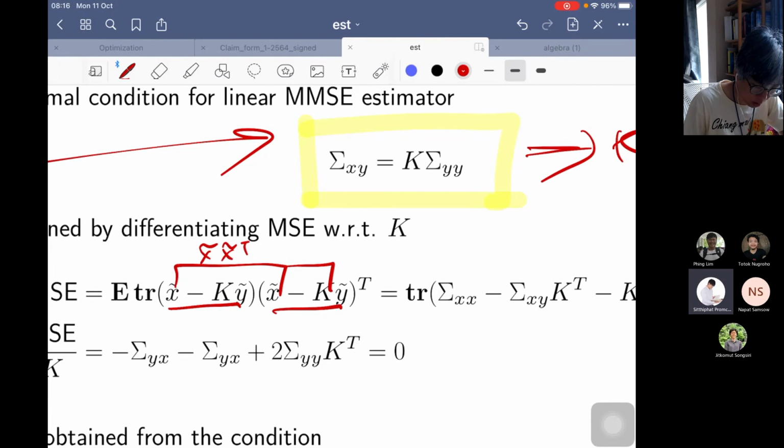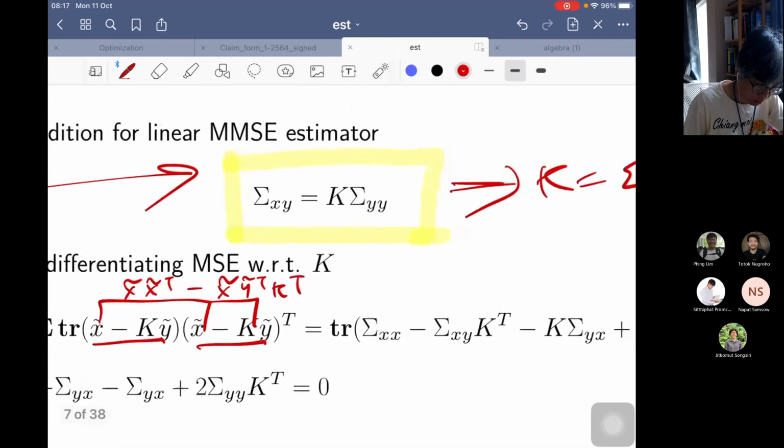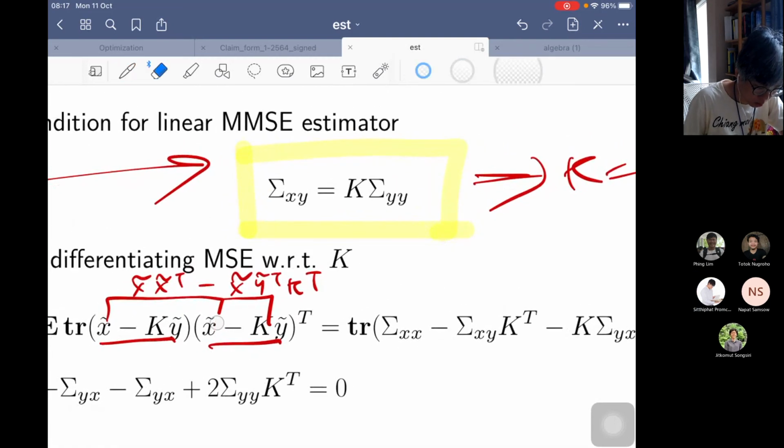Okay, the next term. x tilde y tilde transpose k transpose, with a minus. Can you give us the next term?